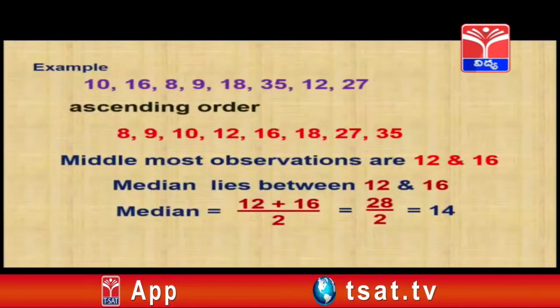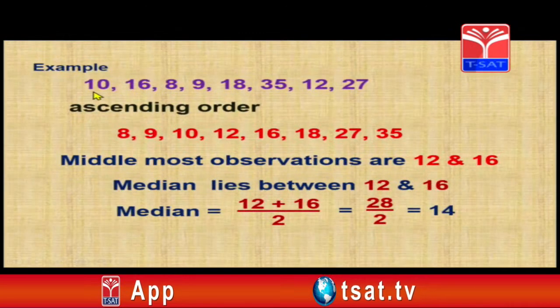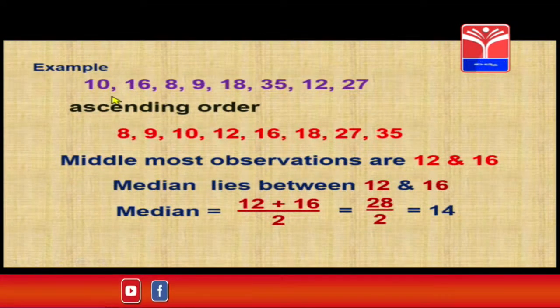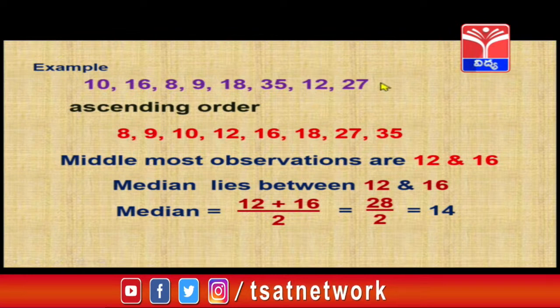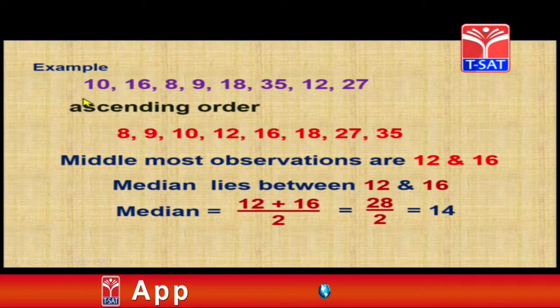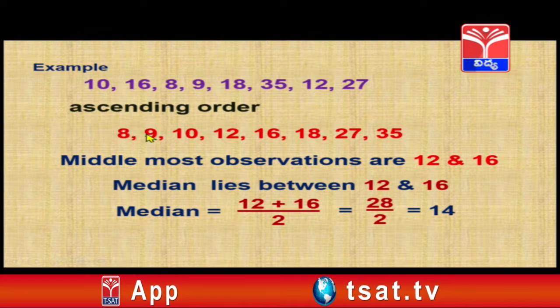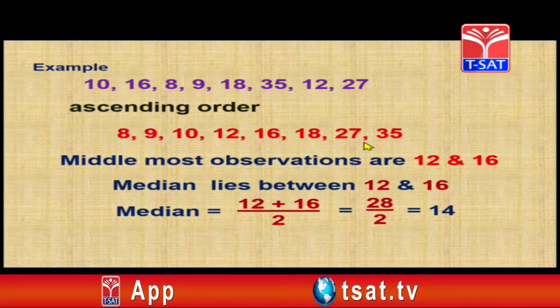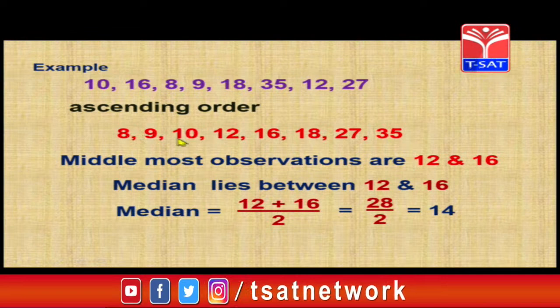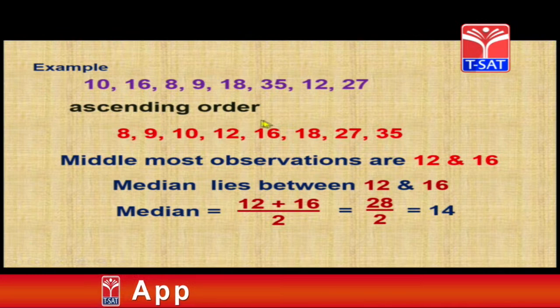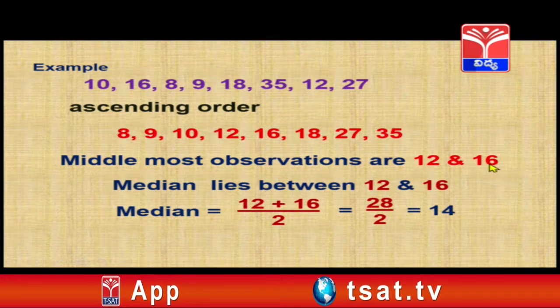Now, let us check another one. Here I have an example, I have to find the median of this one: 10, 16, 8, 9, 18, 35, 12, 27. Let me first arrange them in ascending order: 8, 9, 10, 12, 16, 18, 27, 35. So, here if I start leaving the ends, I am able to see there are two observations in the middle, that is 12 and 16.